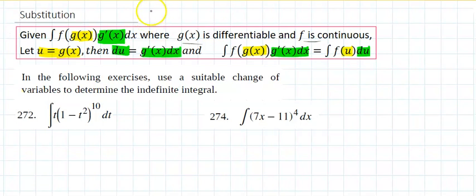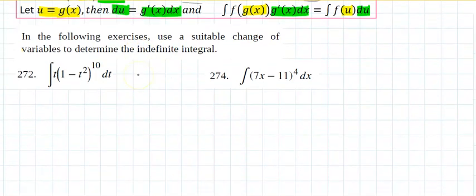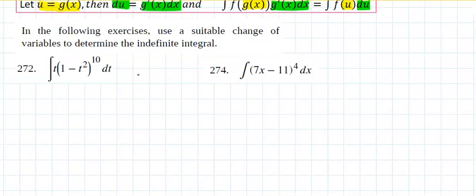So, let me tell you how it works. This is straightforward in the sense that you let u equal the inside of a power function, as you see in this case. The inside of a power function. You let u equal the inside of a radical. That's a power function.